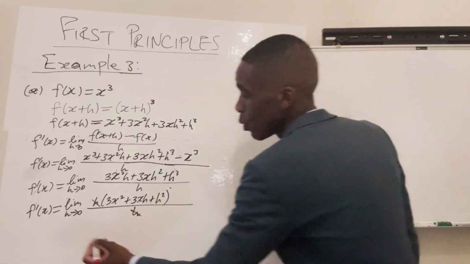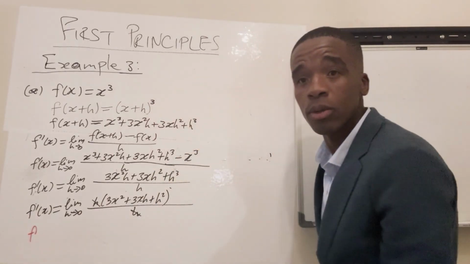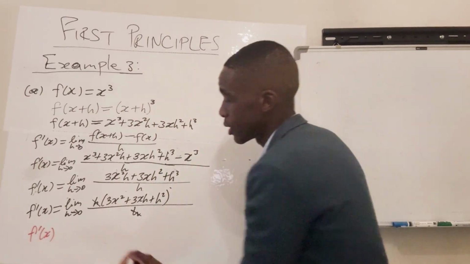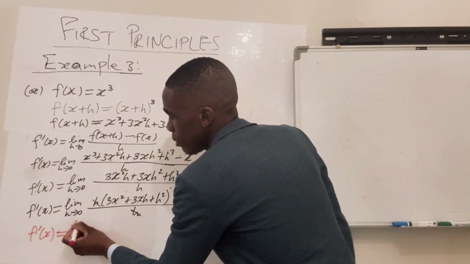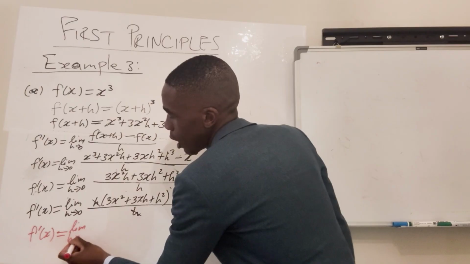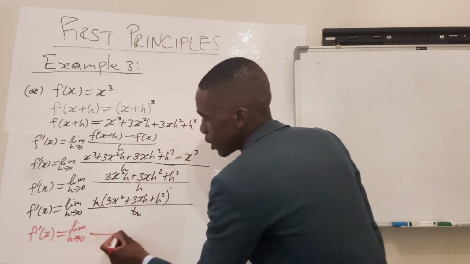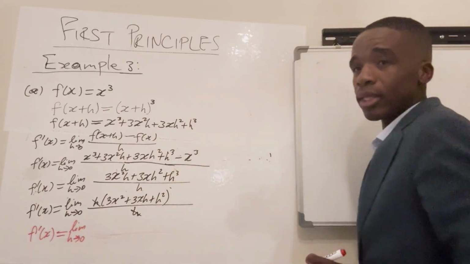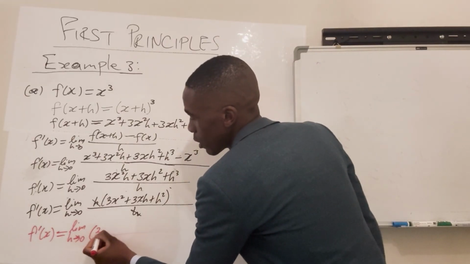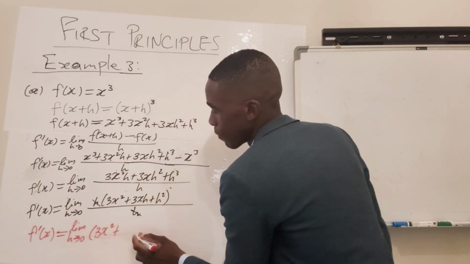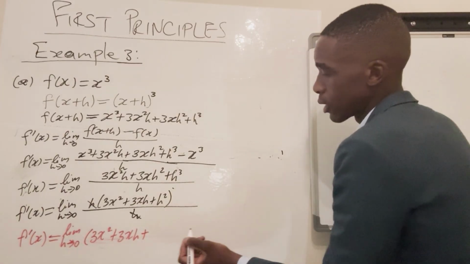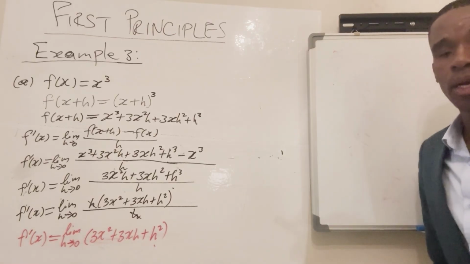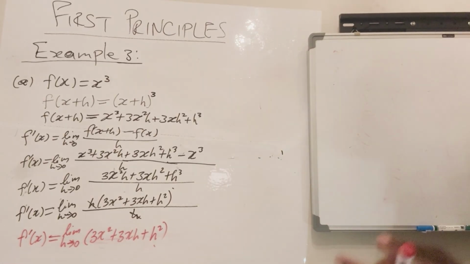What would then happen? We will be left, I hope this is visible, with f prime of x is equal to the limit as h approaches 0 of 3x squared plus 3xh plus h squared. Then I want to remove that particular limit.